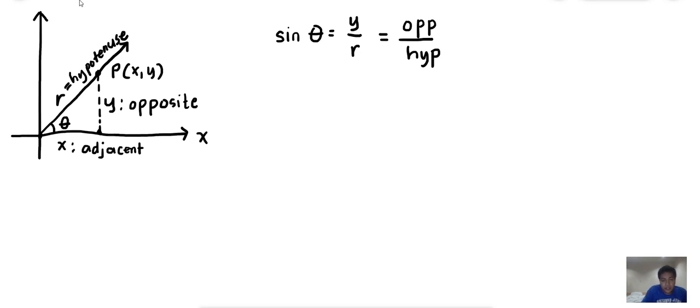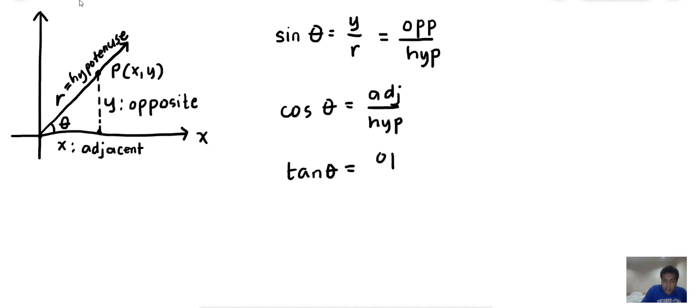Using the same logic, cosine theta is equal to the adjacent side x divided by the hypotenuse, and tangent theta is equal to the opposite side y divided by the adjacent side x.